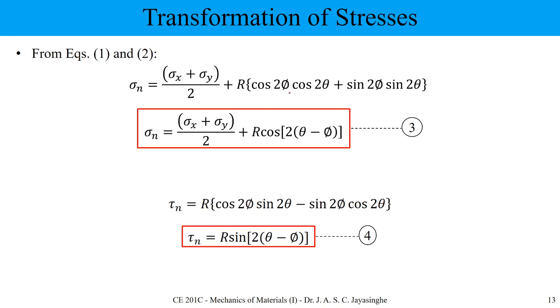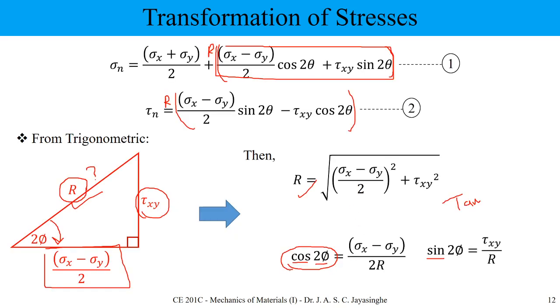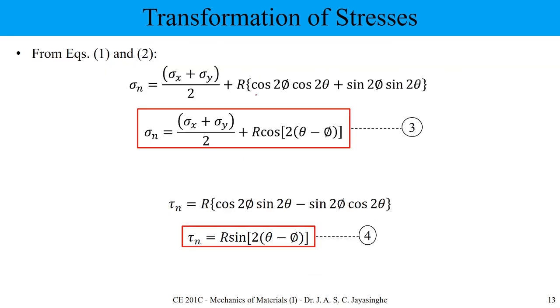You know the definitions of cos 2 phi and sin 2 phi, and after getting R out, here we can see cos 2 phi, and here we can see sin 2 phi. And this one, cos sin, that means like cos of theta minus, of course this is 2, so cos of 2 theta minus 2 phi. You will end up with this equation.